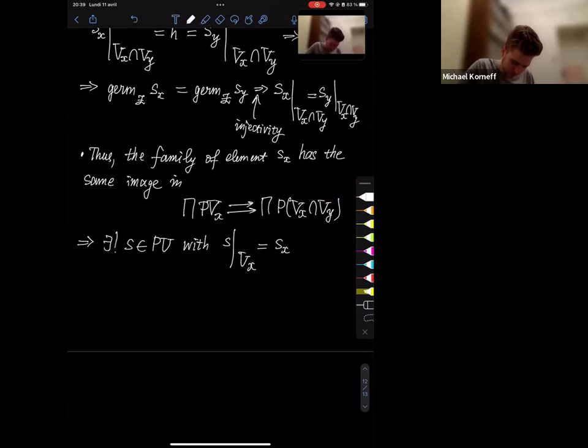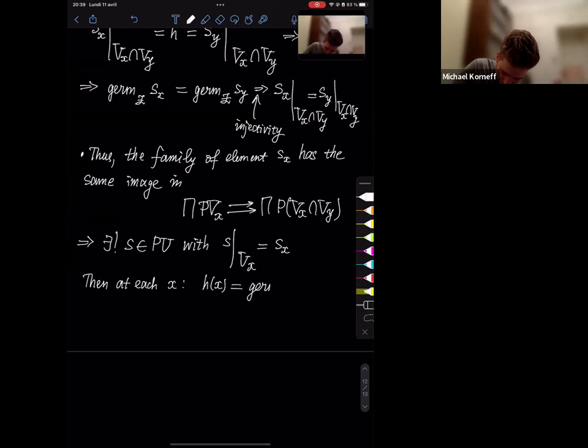And hallelujah, then at each x, we have that h of x equals germ Sx at point x, which is the same as germ S at x, and h is equal to S dotted.